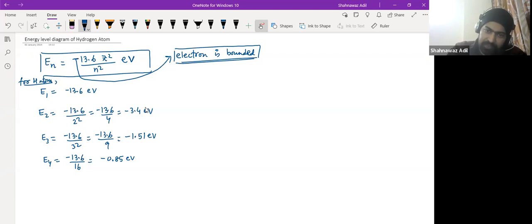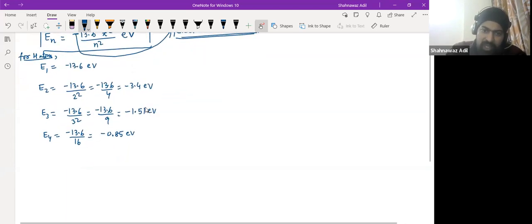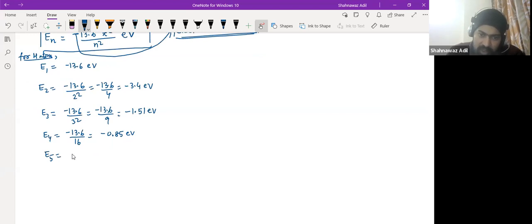Okay, and then if we calculate, let's say E5, that would be minus 13.6 divided by 25, which is 0.54 electron volt.